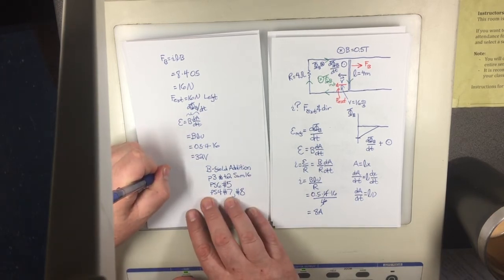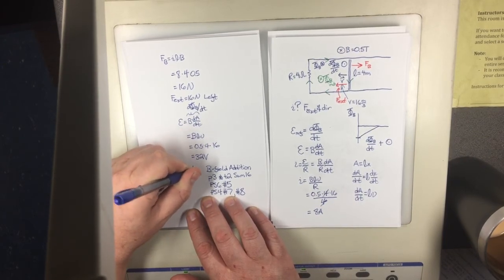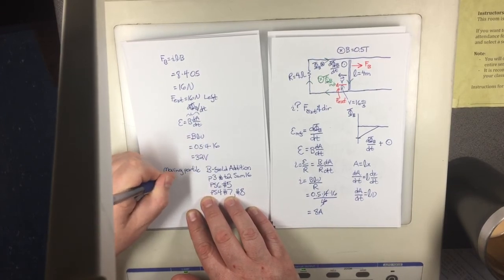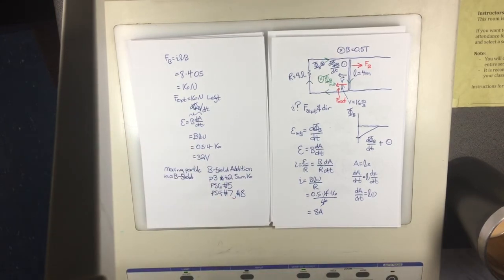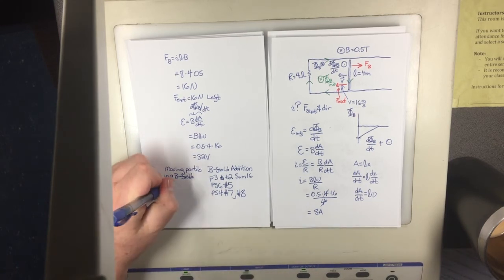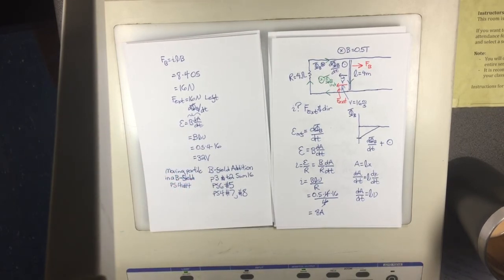As for a moving particle in a B field, I would definitely look at problem set 4, number 4. And then look at the instructions, or basically the stuff where I'm talking about mass spectrometry.